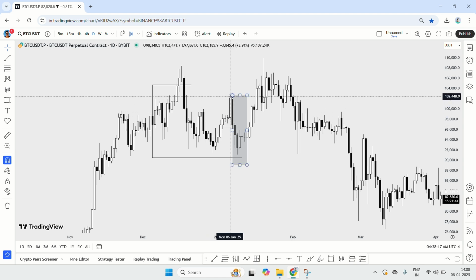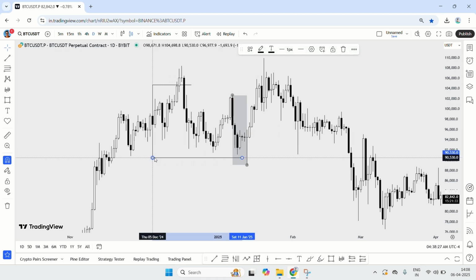As I said, when the market moves in the right direction, it manipulates in the opposite direction, so that it can take the low, take this low. So this manipulation leg higher was the manipulation leg for this entire down move.